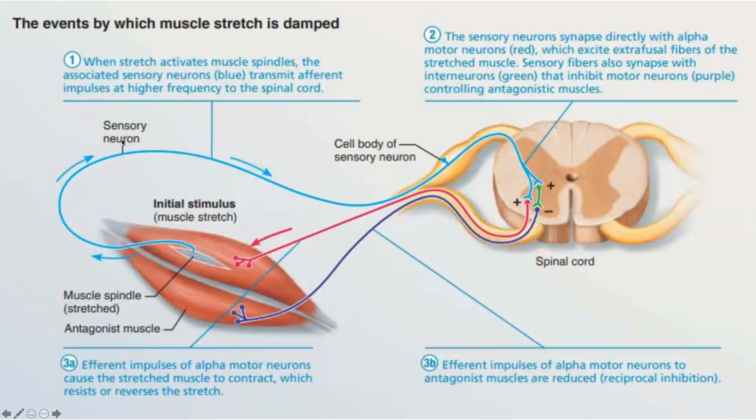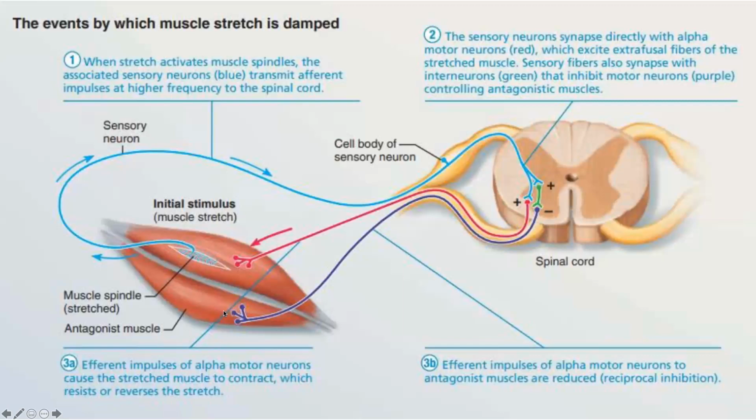Then that will be carried by the sensory neuron to the spinal cord, acting on the motor neuron directly, and the motor neuron will act on the muscle, which will give the contraction of the muscle. But at the same time, the same sensory neuron, if you see here, colored in green, acts on the interneuron, which will act on another motor neuron, which will come out as an efferent motor neuron, and that way have an inhibitory effect on the antagonist muscle here.